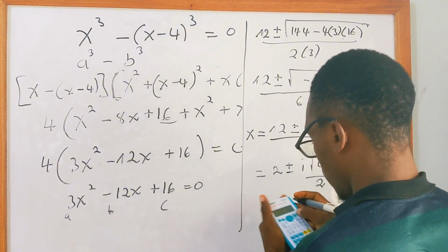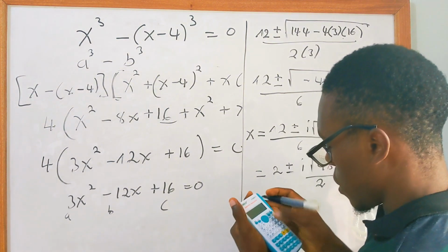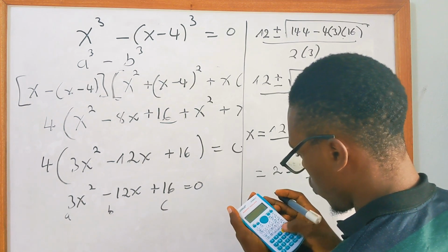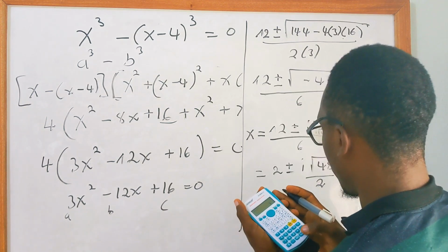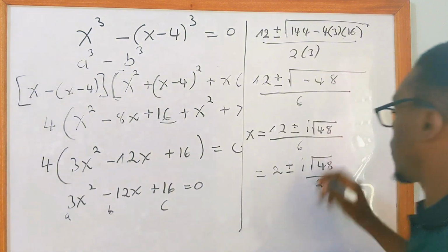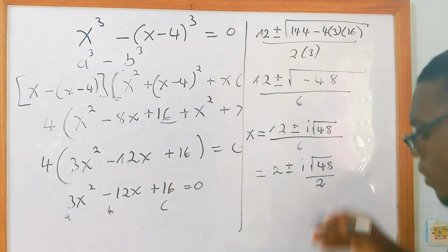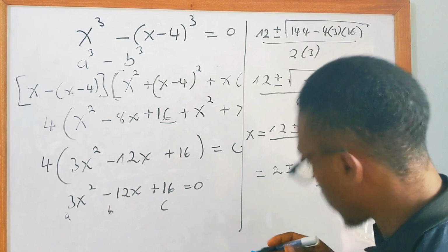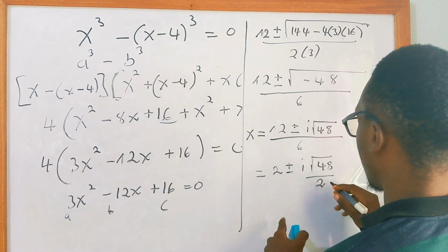Let's try simplifying this. 48 divided by 6, no. By 8 will still not go. 48 divided by 16, I think. Okay, 48 divided by 16 will go.